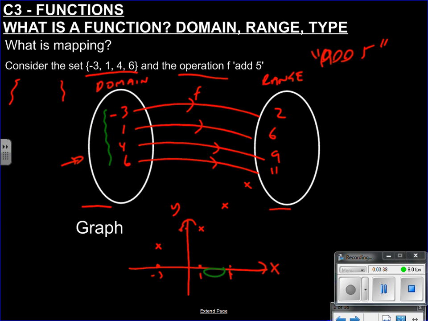If I want to join them together, I need to choose a variable x, and f will take x and add 5 to it, x plus 5, right? So the product will be f of x, because now our range, what is produced, is the y value, f of x, which gives us x plus 5.